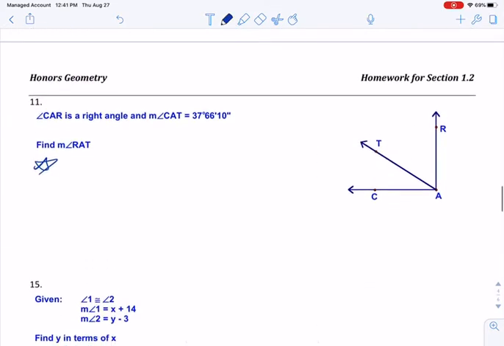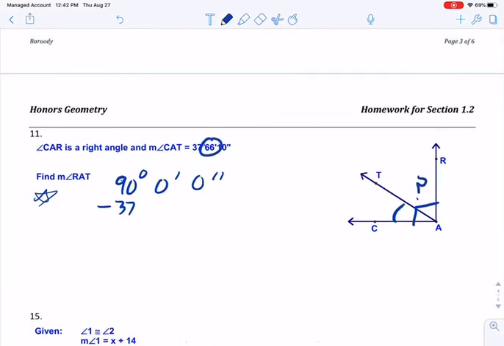Okay, this one, it's a right angle, which means it's 90 degrees. And then they give you this angle, so to find the other angle, I would subtract. So I'm going to do the 90 degrees minus the 37. I don't like that this is bigger than 60. So I'm going to take 60 of those and make another degree. So I'm going to change this to 38 degrees, 6 minutes, and 10 seconds.